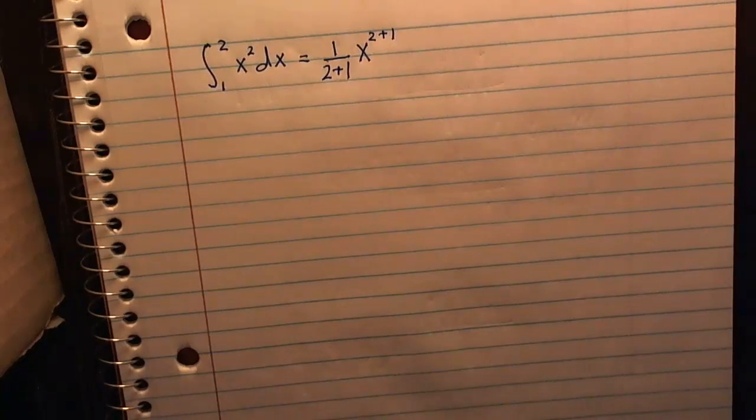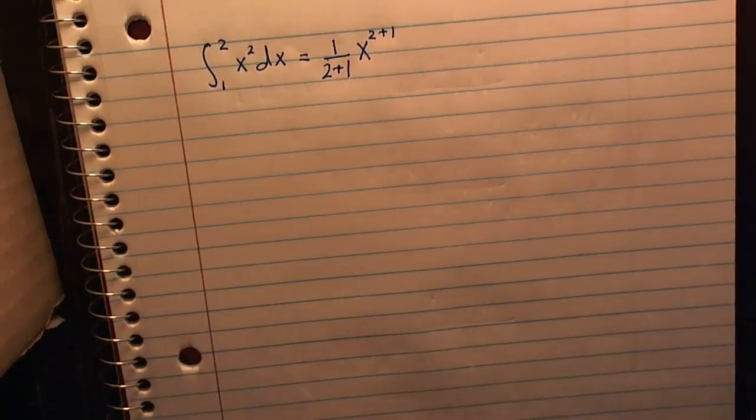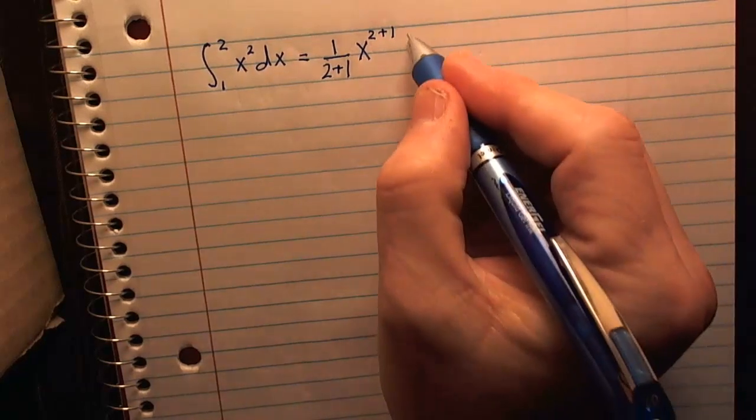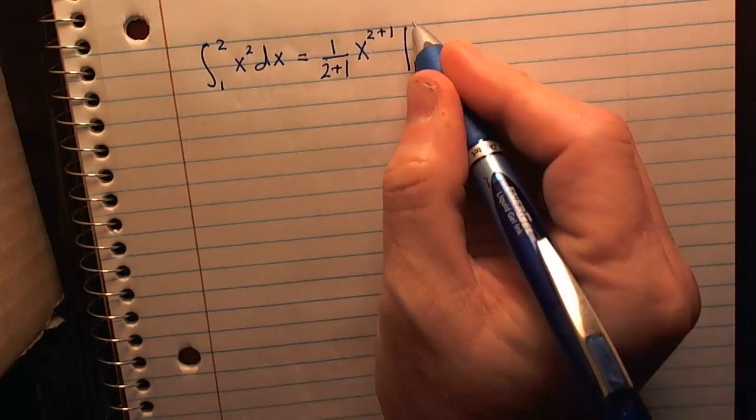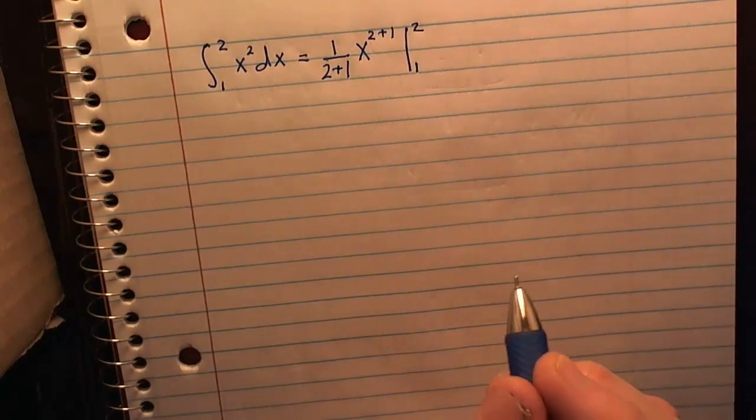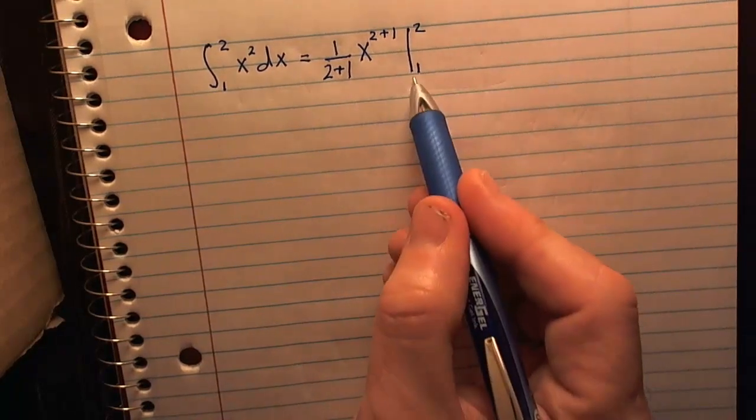And I'm not going to need to put in the plus c here because this is a definite integral. I'm going to get an answer. I'm not looking for just a general antiderivative. But what we are going to do is evaluate this antiderivative from 1 to 2. Put a line there to indicate I'm going from 1 to 2.